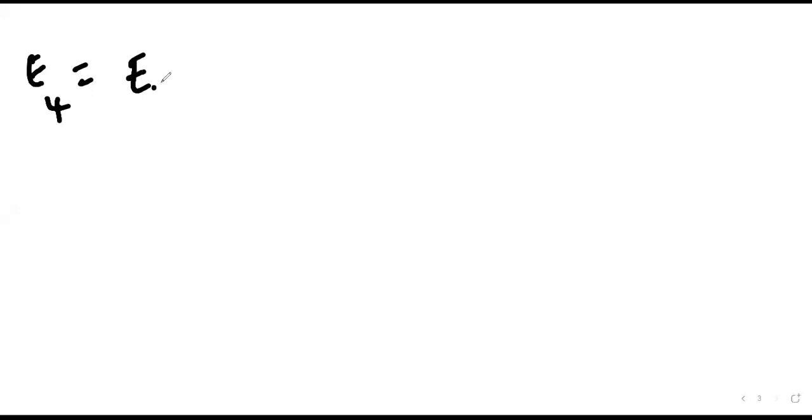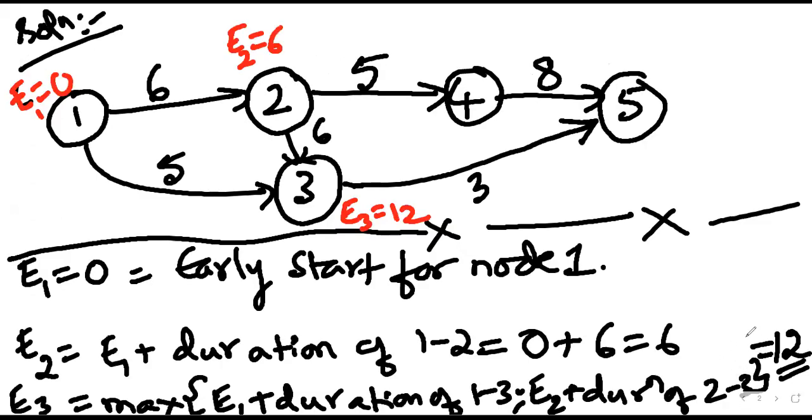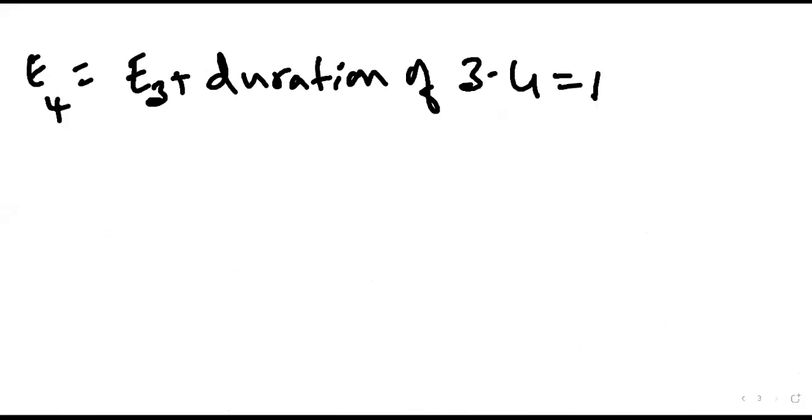E3 plus duration of 3-4, where E3 is 12. What will be the equation for E4 then? E2 plus duration of 2-4. 6 plus 5 is 11. That's right.